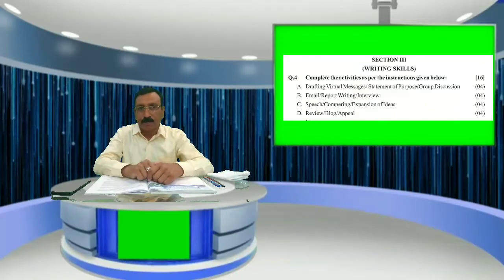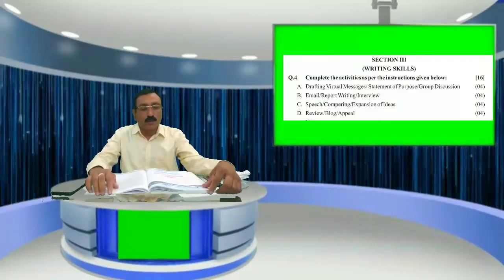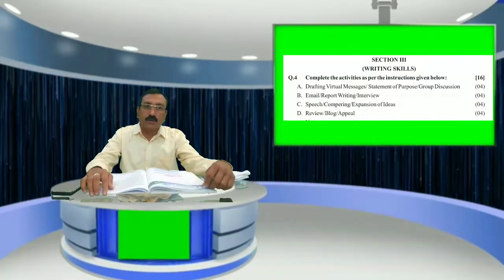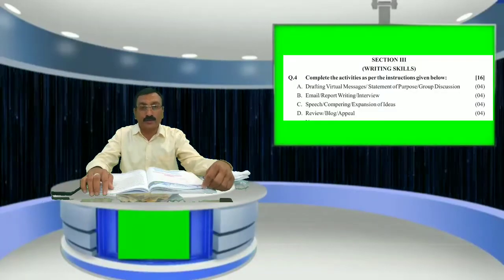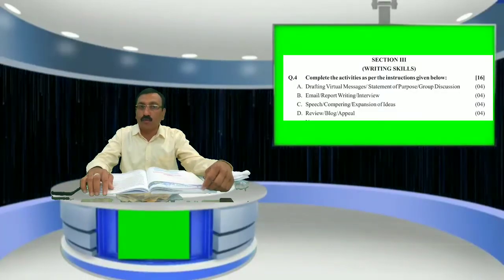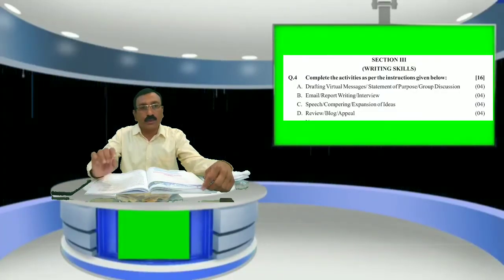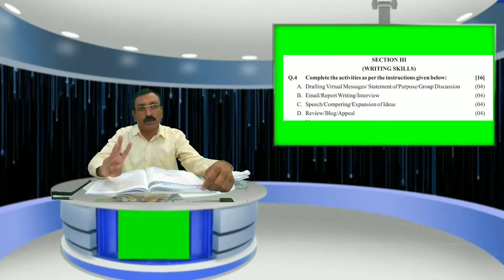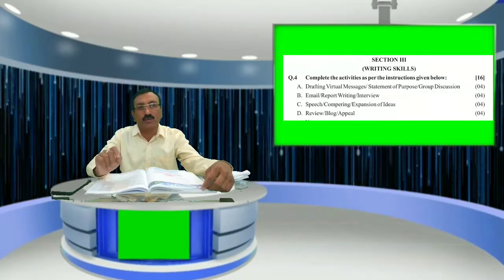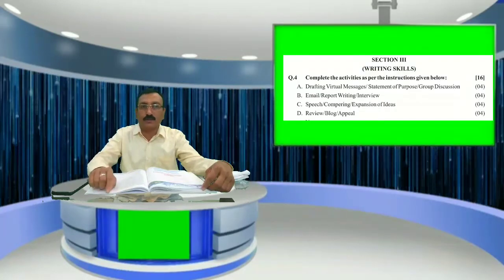In this way you will have to attempt 4 writing skills, one from each set A, B, C and D. So altogether we have 12 writing skills in question number 4. In each set you will have to choose one writing skill.